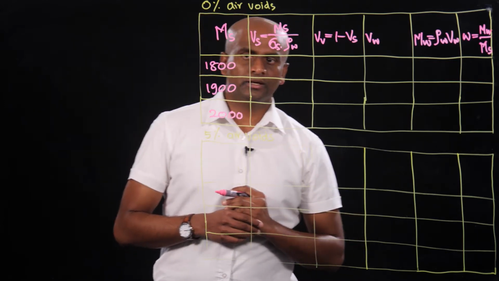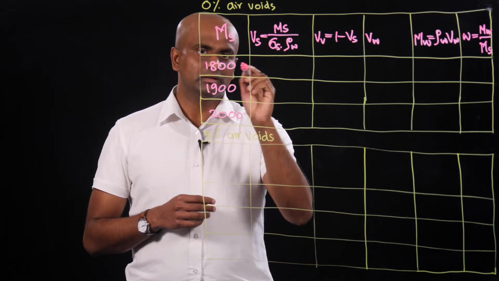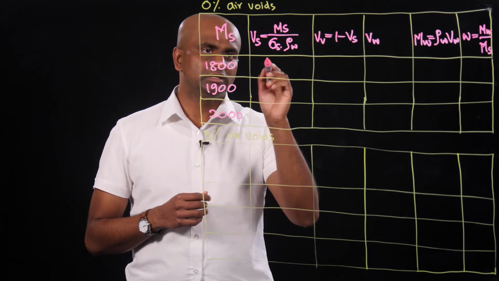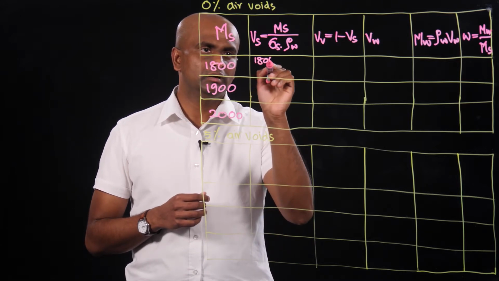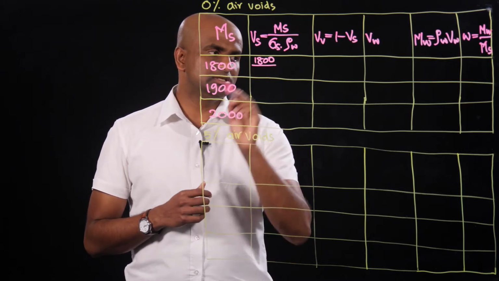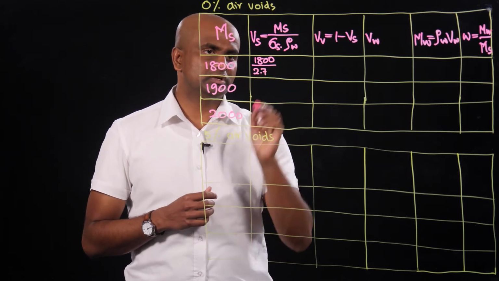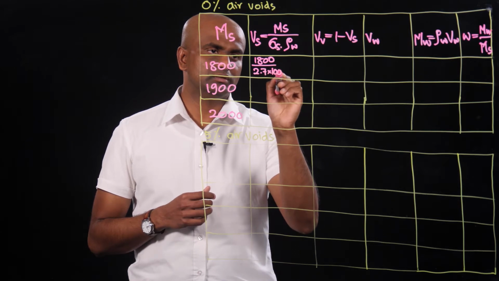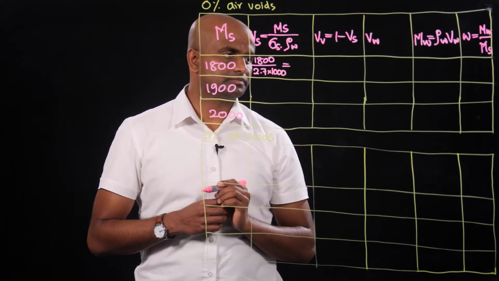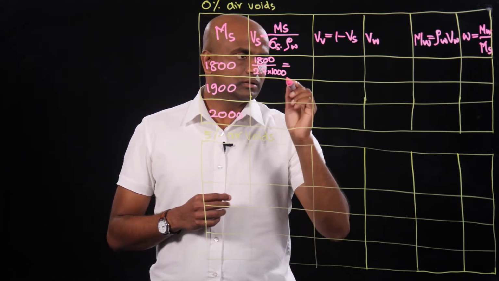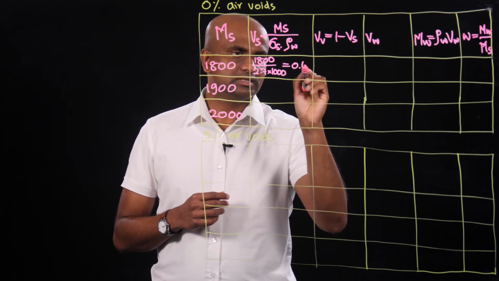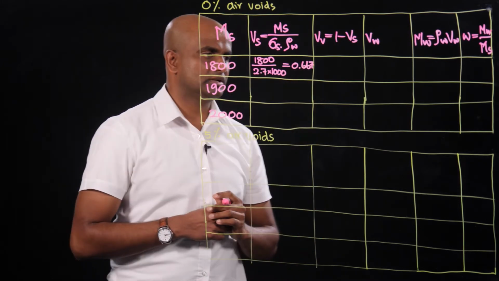To calculate the Vs, when the Ms is 1800, that will be 1800 divided by Gs, which is 2.7, given in the question, times 1000. So that will be 0.667.